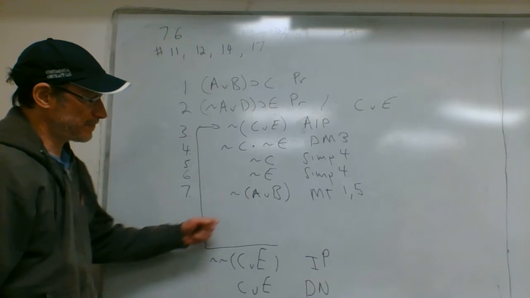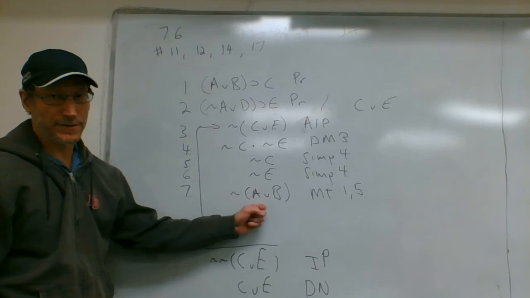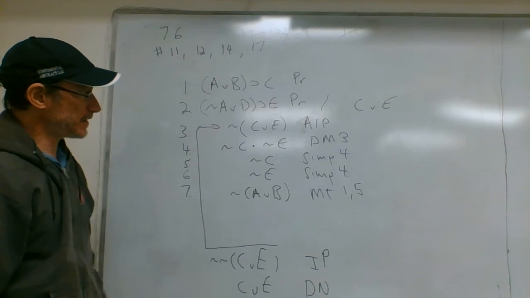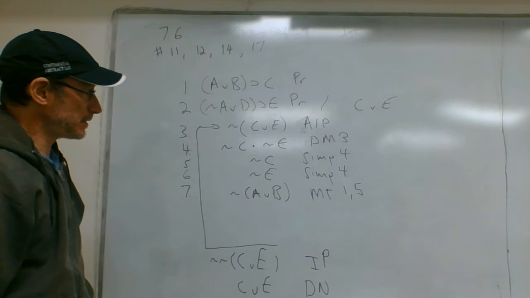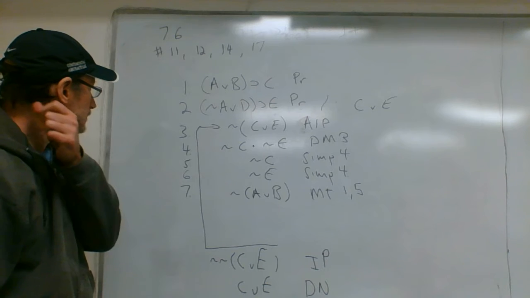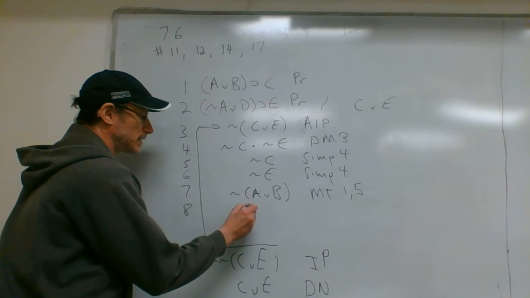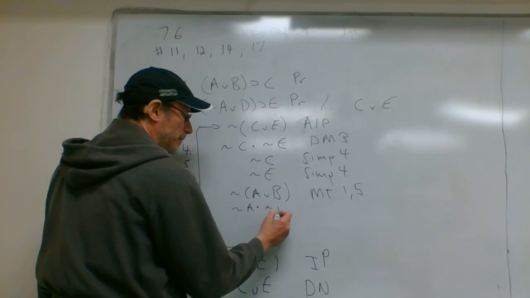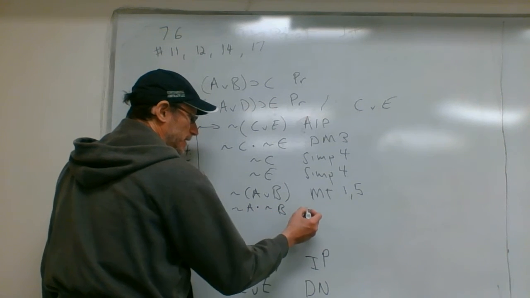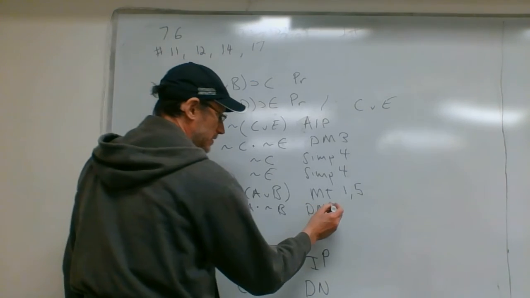And now we have a negation of a wedge. That's a very powerful statement. We can break that down into not A and not B. I'm just going to do the not A here. Not A and not B. That would be a De Morgan on 7.